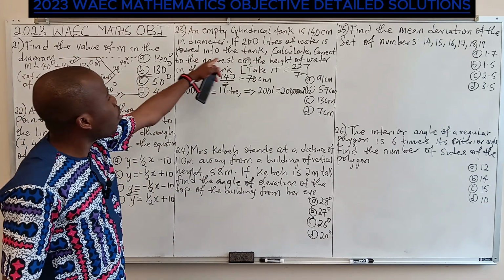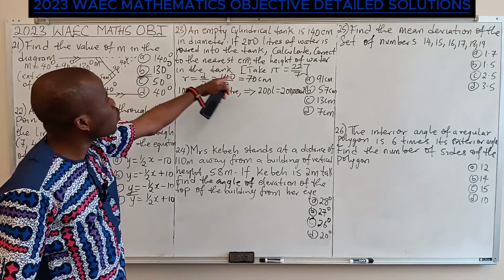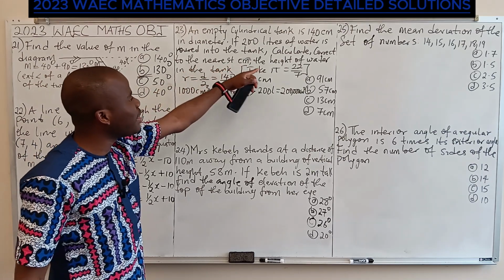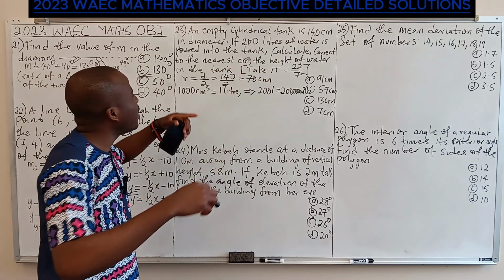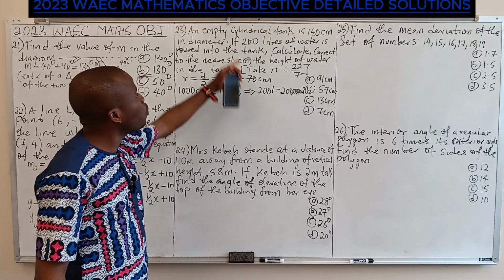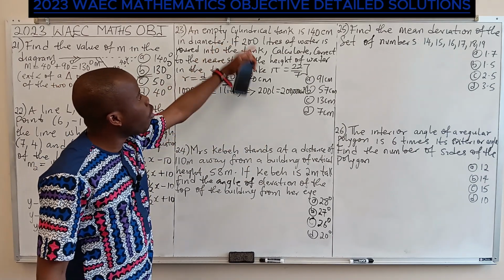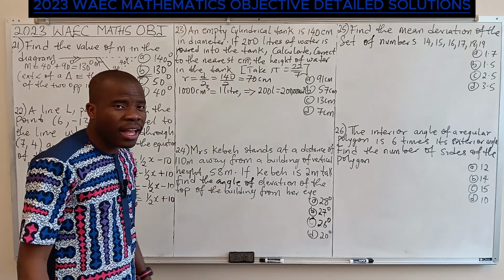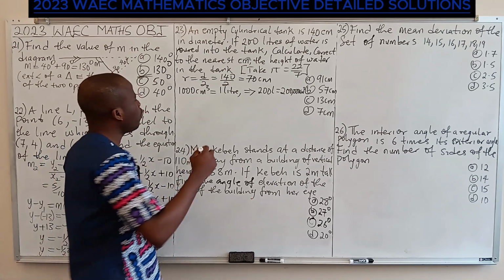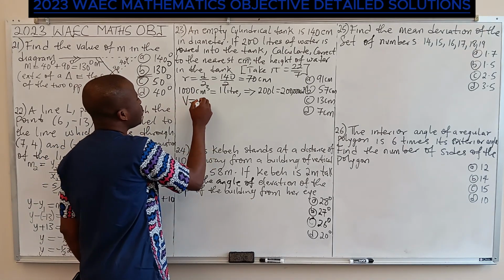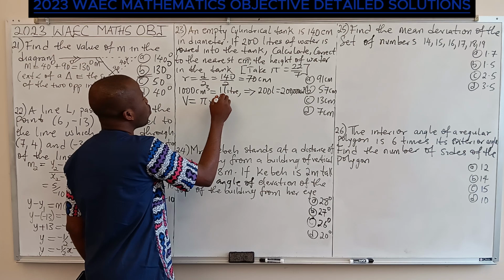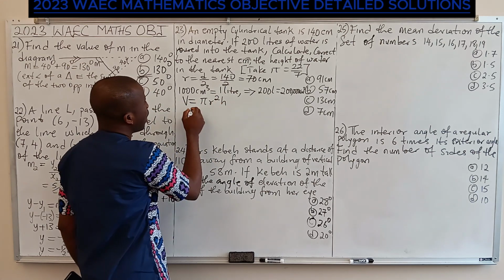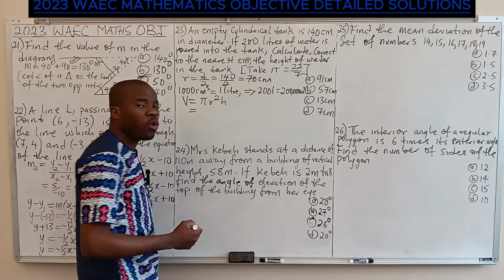So it is poured into a tank. We are asked to calculate, to the nearest cm, the height of the water in the tank. We simply use the volume of a cylinder and find the height. What is the volume of a cylinder? The volume of a cylinder is pi r square h. And we are told to take pi as 22 over 7.